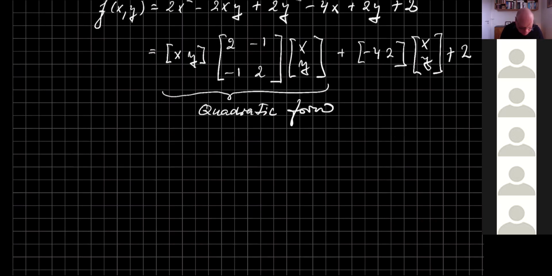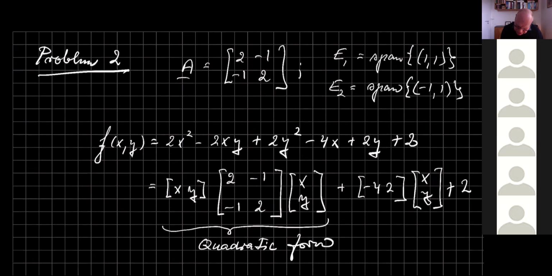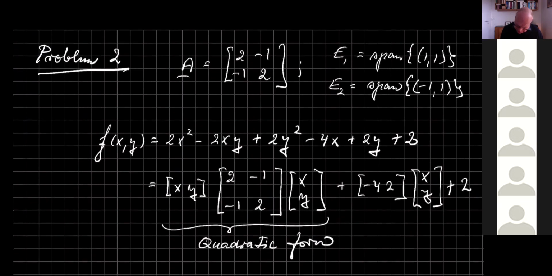Okay, but this is a quadratic form, and you see this is a symmetric matrix. And then you know that the eigenvectors corresponding to different eigenvalues, it should be 3, that should be the eigenvalue.